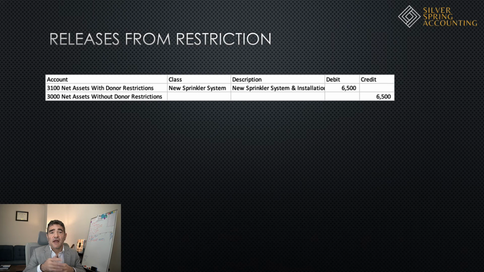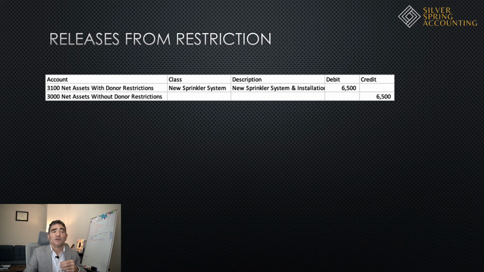All right, so now obviously we know we're going to do an entry at the close to show our release, and we're also going to show this in the statement of activities. So at the end of this, we didn't have any more contributions.